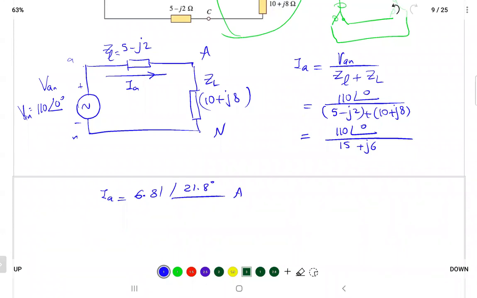And you are not done. You did not just do one phase. You have to find IB and IC. So how can you find IB? Since it's balanced, it will be the same magnitude, just shifting the angle. So it will be 6.81, and the angle here is 21.8 minus 120 degrees.